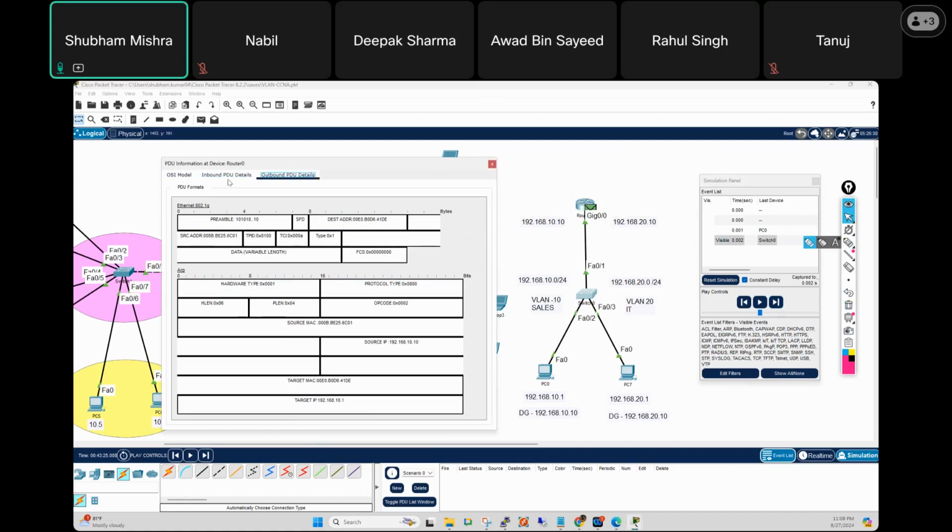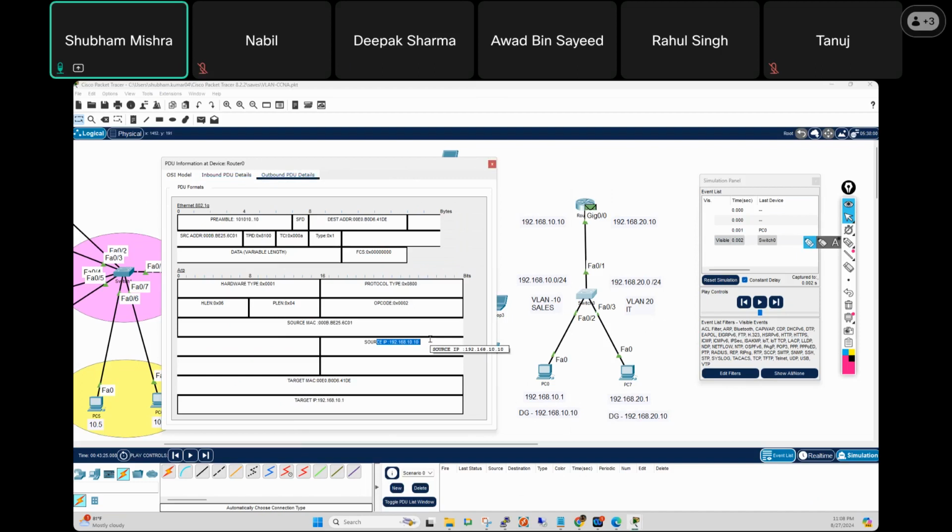Come on, outbound. In outbound, what are the source things that you guys see changed? Destination, in outbound and inbound? What is the source IP address? 10.10.10.10.